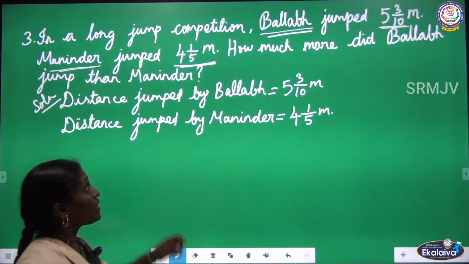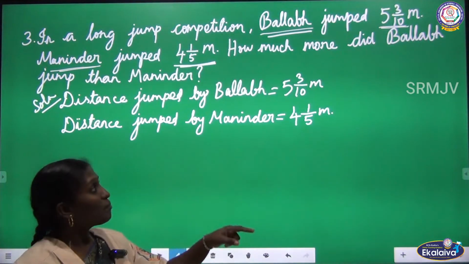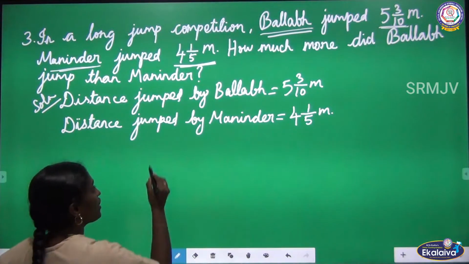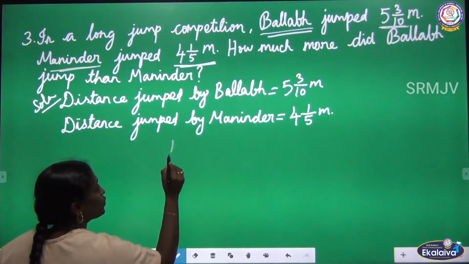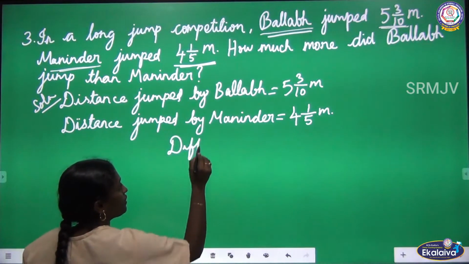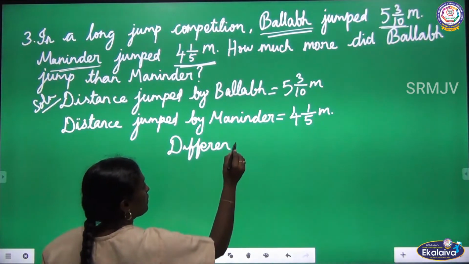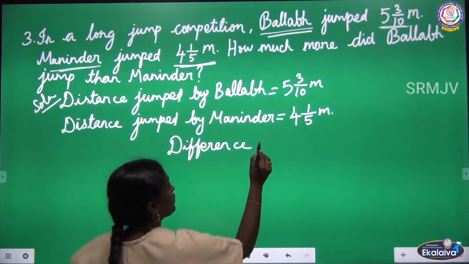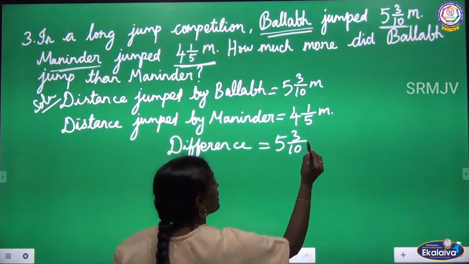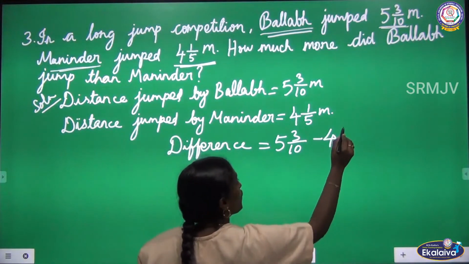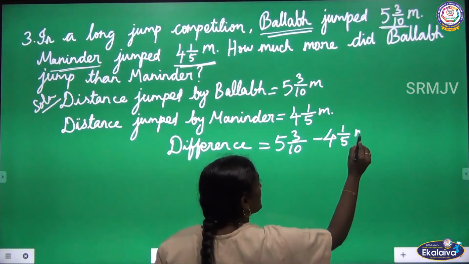Now we are going to find how much more distance Ballab jumped than Maninder. For that we are going to find the difference of these two. Difference is equal to, we are going to subtract 3 by 10 minus 1 by 5 meter.